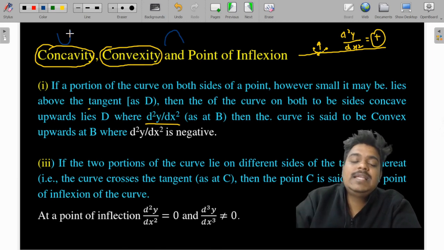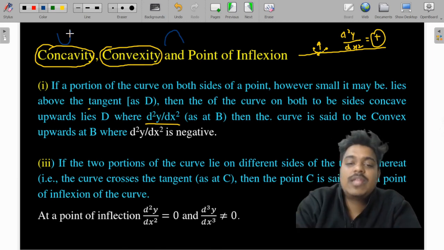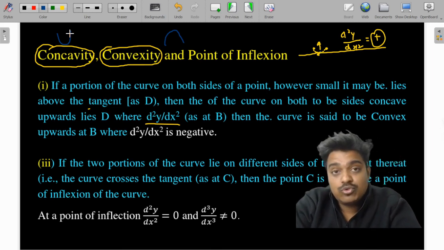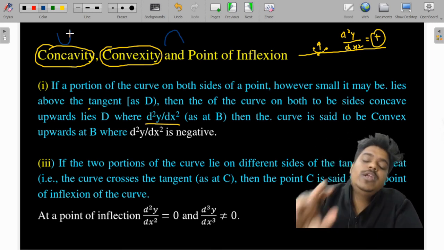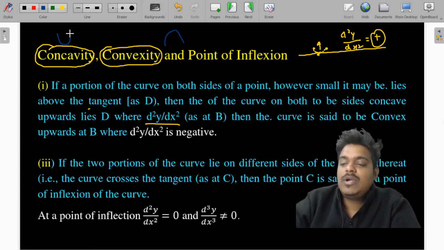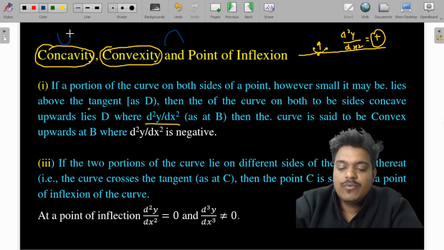So obviously by seeing the graph you can say whether a function is concave upwards or convex upwards. But if you want to solve the equation and find it out, you need to first calculate dy by dx and then again differentiate to find d2y by dx square.